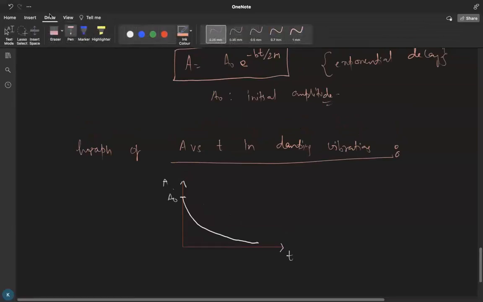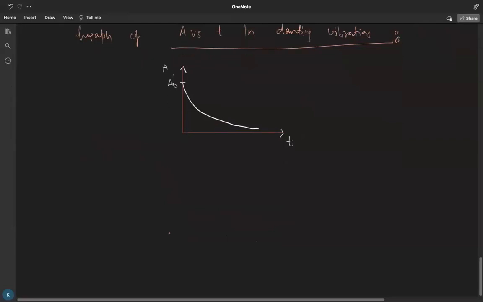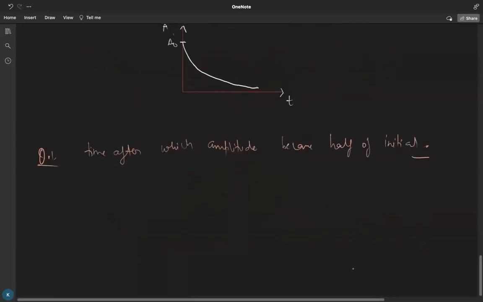Now, let's solve a question based on this. Question number 1: you have to find the time after which the amplitude becomes half of the initial.